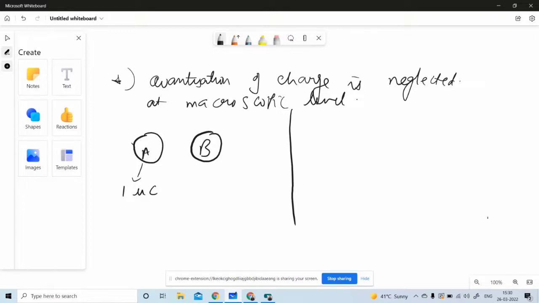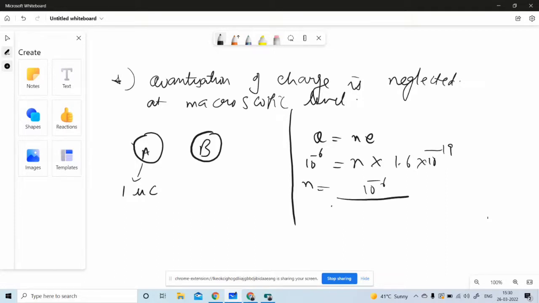So we'll use this formula Q equals to n e. Okay. So Q is 1 microcoulomb, so 10 raised to minus 6. n we don't know. Electron charge is 1.6 into 10 raised to minus 19. So finally number of electrons will be 10 raised to minus 6 upon 1.6 into 10 raised to minus 19.